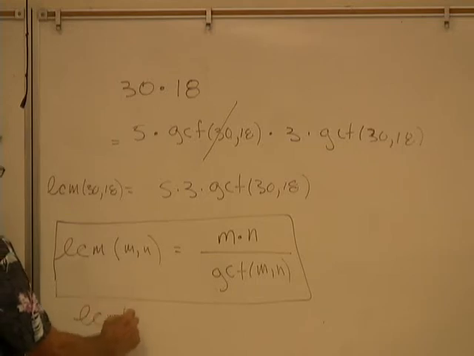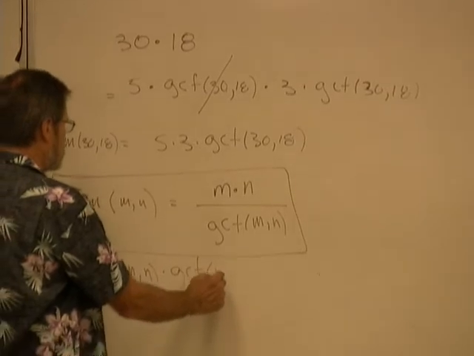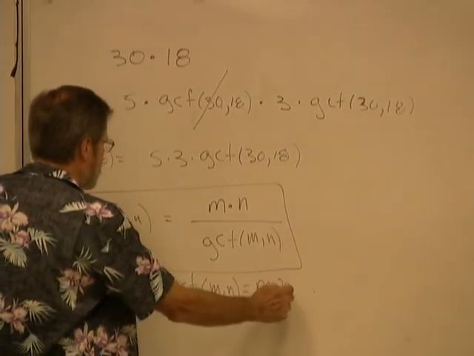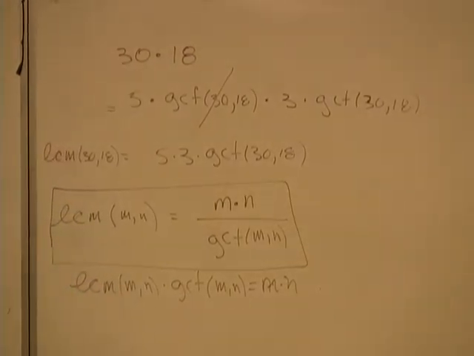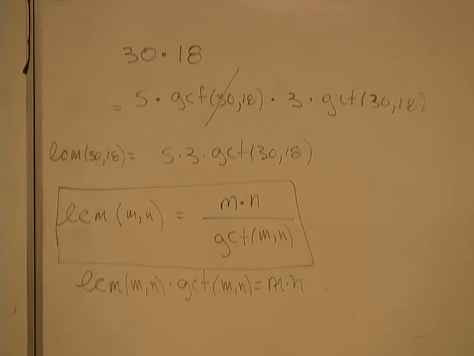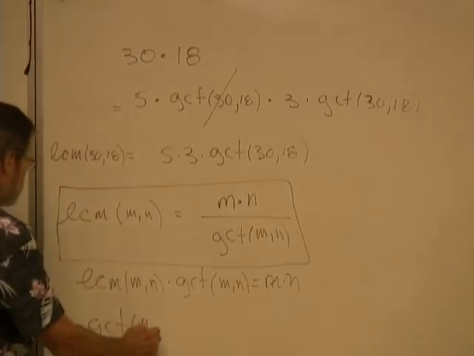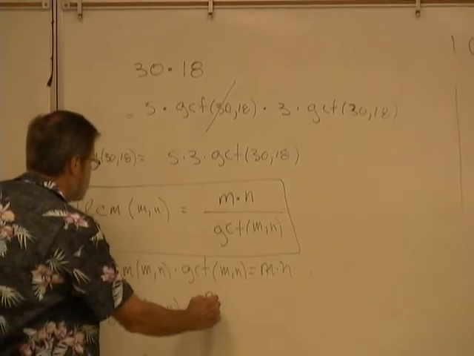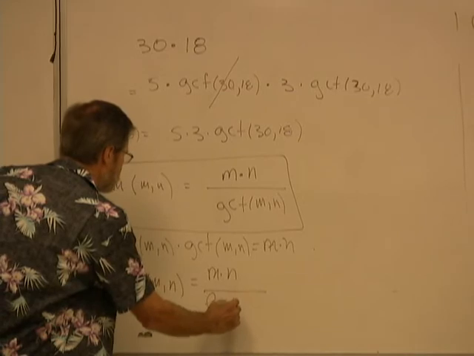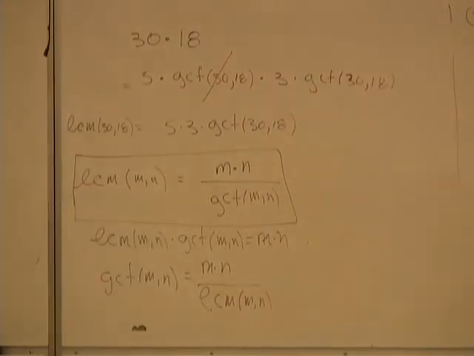The least common multiple of m and n times the greatest common factor of m and n equals the product of m and n. Or, same equation, the greatest common factor of m and n equals m times n over the least common multiple of m and n.